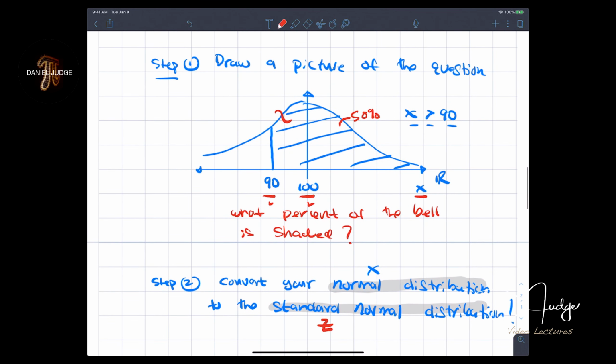And so 90 became, here's what I'm going to do. I'm going to erase this. You guys have that already. It's in the video. This here, as a z value, is negative 0.67. So 90 as a z value is negative 0.67. All right. That's one value we have to convert.